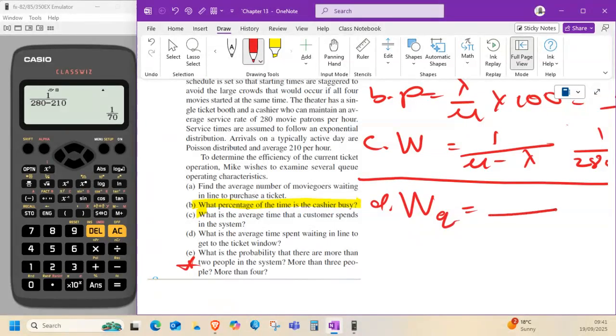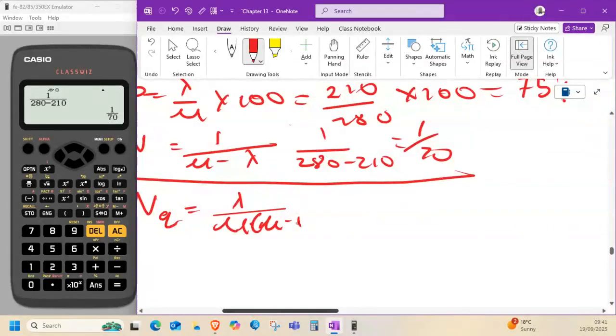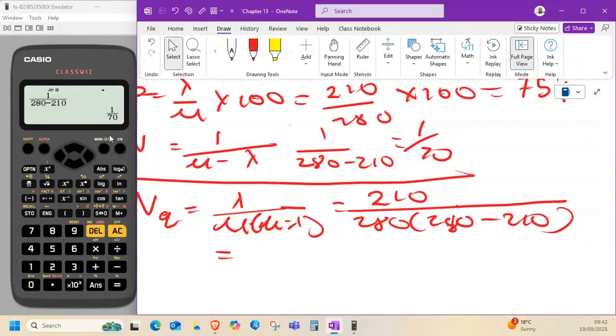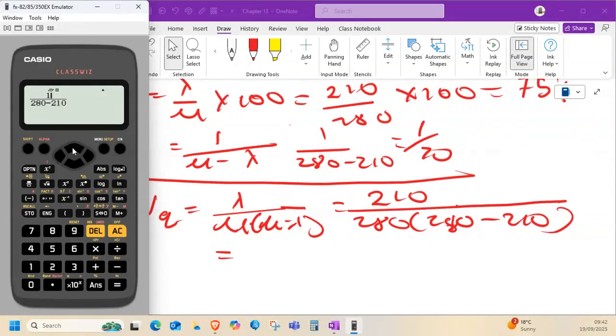This one, and then we have it like minus that, equals 210 over 280 minus 210, which is 3 over this one.